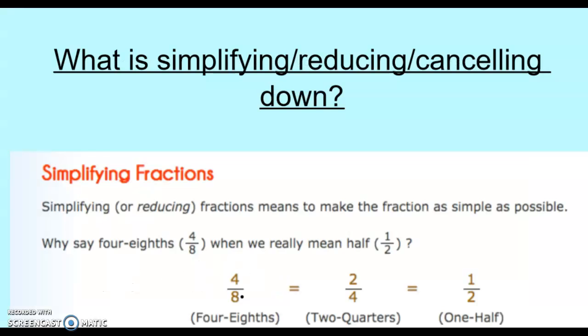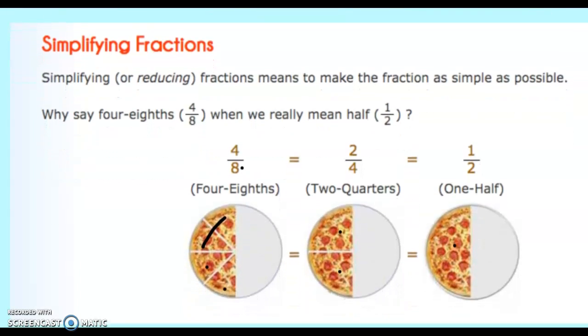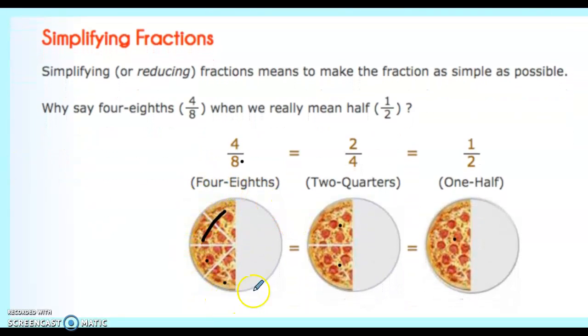Now remember, we have looked at simplifying fractions before. If we look at these pizzas, this shows us visually that 4/8, 4 parts, 1, 2, 3, 4 out of 8, is the same as 2/4, and it's also the same as 1/2.